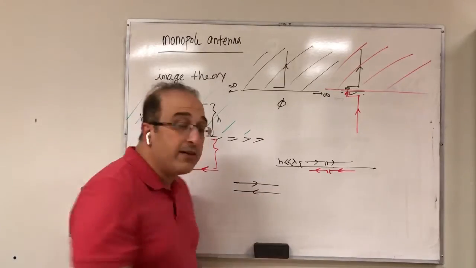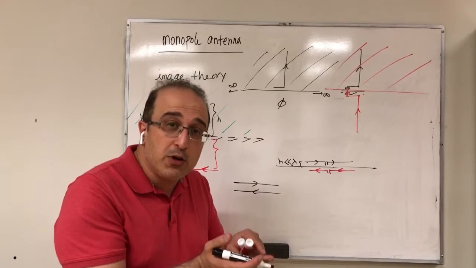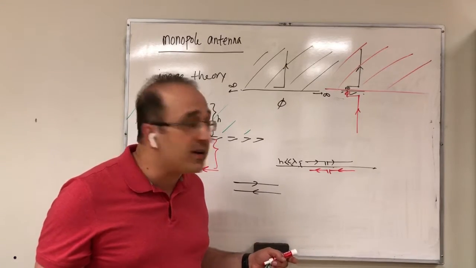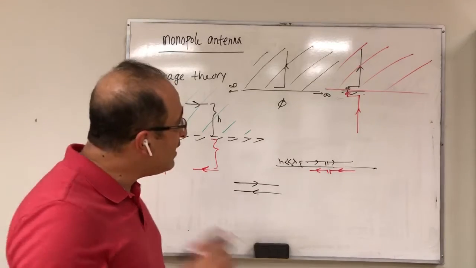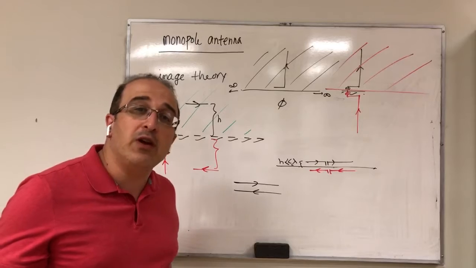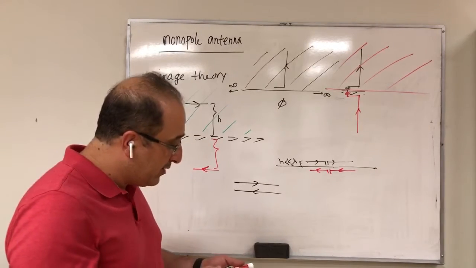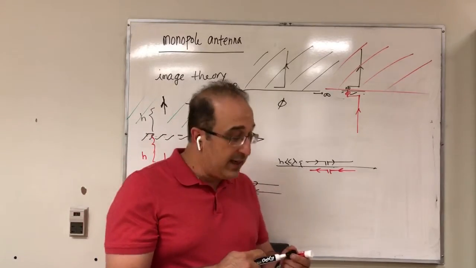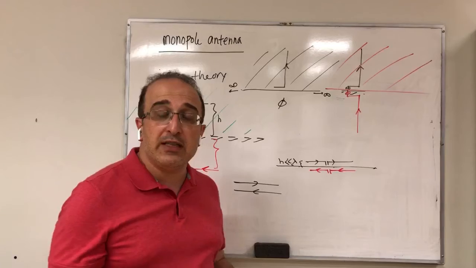So we said there is no radiation from this, because if these two currents are very close to each other, they cancel the effect of each other. So that's why if you put a dipole antenna very close to the surface of a PEC, essentially you get no radiation.